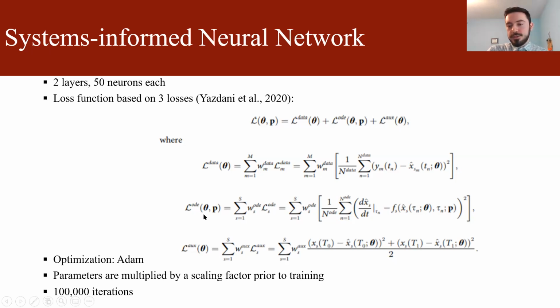The ODE loss is a measurement of how far off the predicted value is from the ODE value. The auxiliary loss is essentially part of the ODE loss, but it's specified as the initial conditions, so it measures the first 2 time frames of the ODE. An Adam optimizer was used, and the parameters are all multiplied by a scaling factor prior to the training phase. It goes through 100,000 iterations.